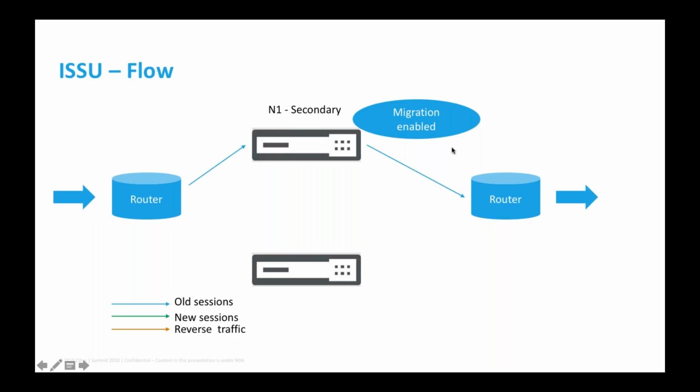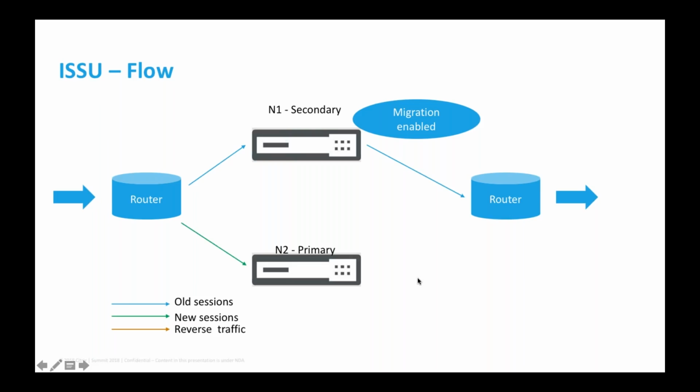After you enable migration, the primary device which was serving the traffic will now change to secondary, while the secondary will become primary. When this change happens, the new primary device will send a GARP request to the upstream and downstream routers, so that the upstream and downstream routers will have the MAC address of this device, so that all traffic will now land on the new primary.